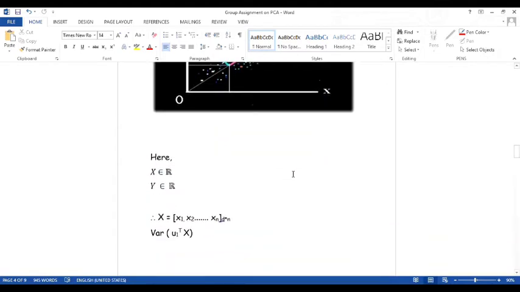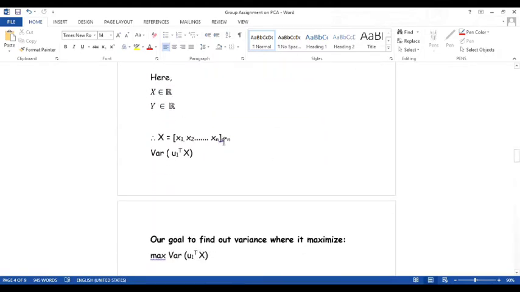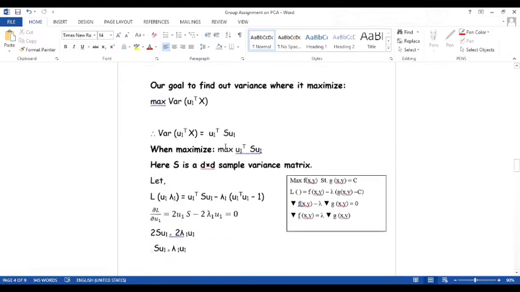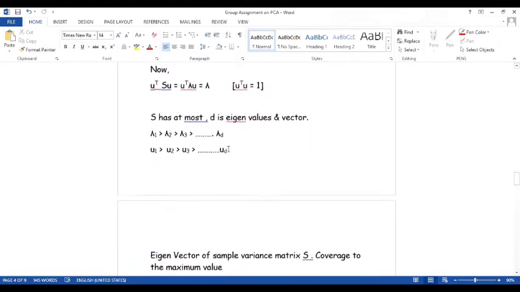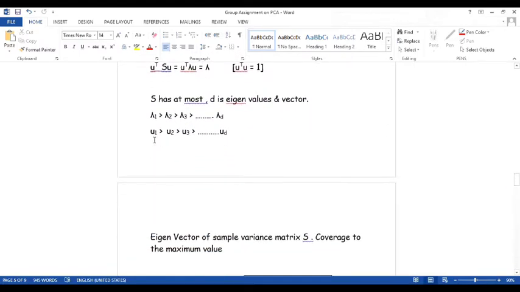Here there are some mathematical equations, and from them we finally found that the u1 vector is greater than the u2 vector, which is greater than the u3 vector, and respectively till ud.